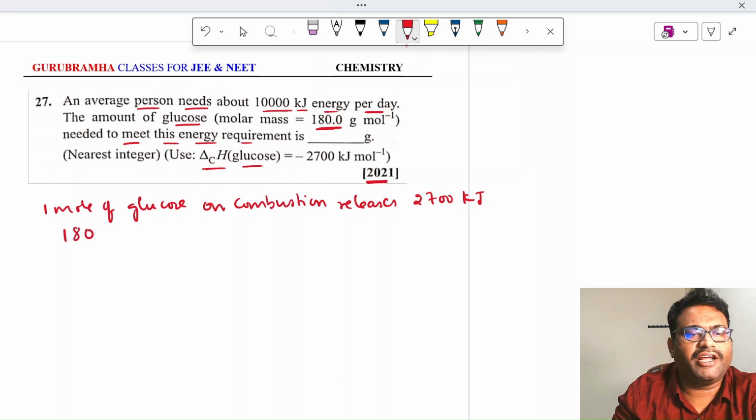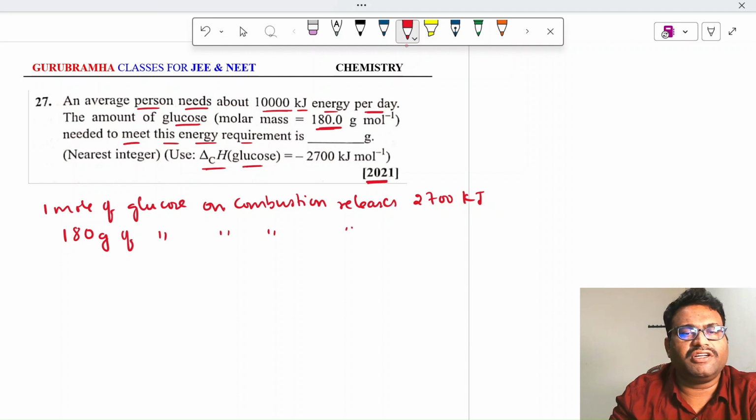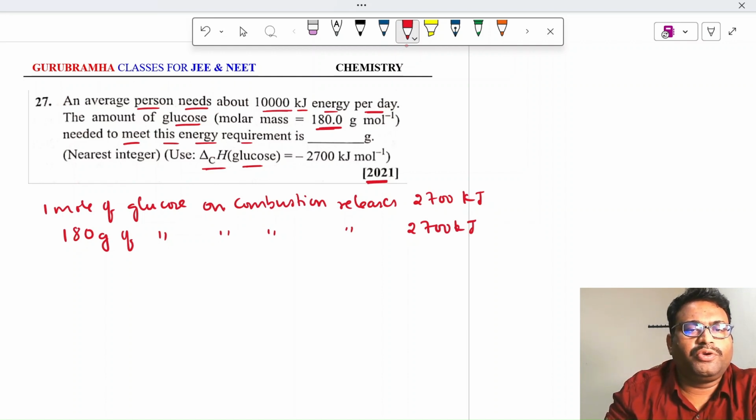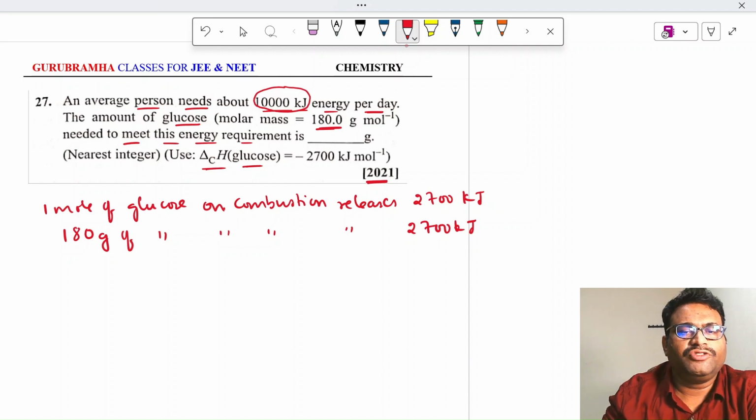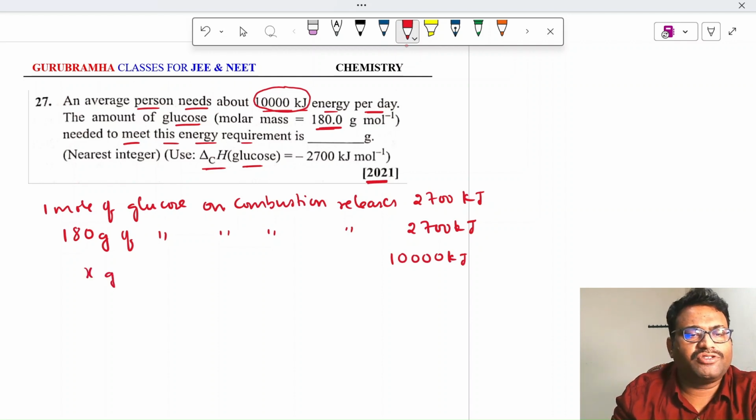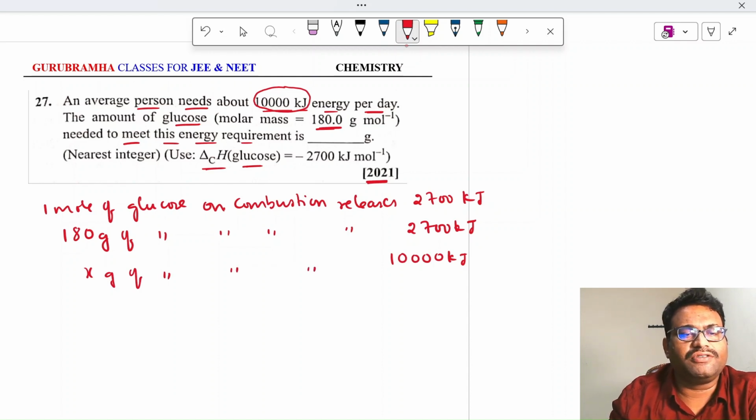So 180 grams of glucose on combustion releases 2700 kilojoules. The question asked is per 1 day a person requires how much energy? 10,000 kilojoules. So to release 10,000 kilojoules, X grams of glucose on combustion releases 10,000 kilojoules.